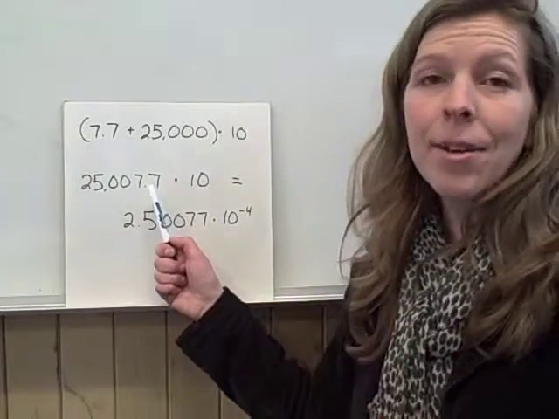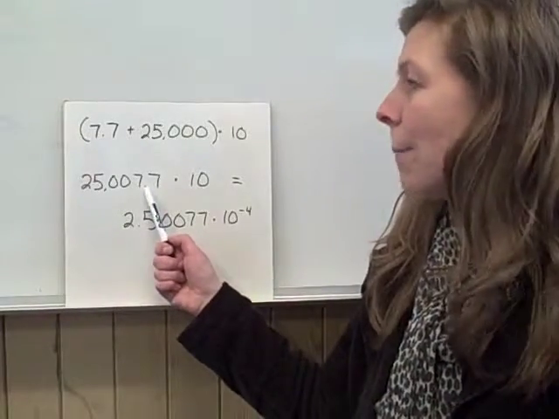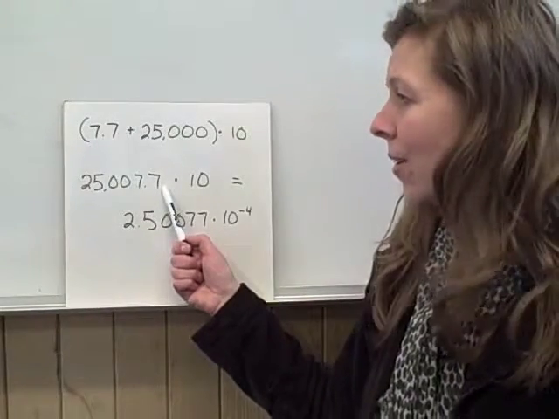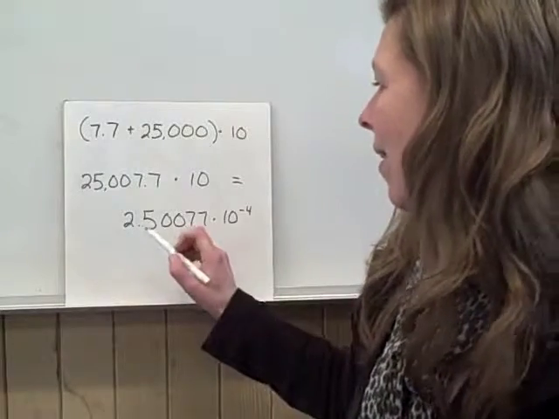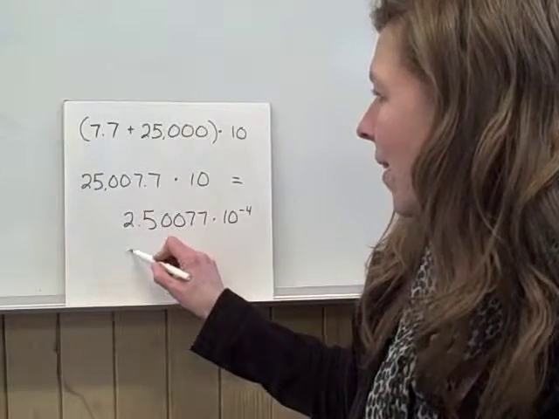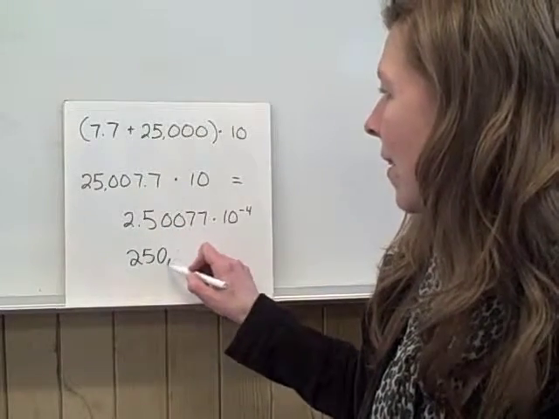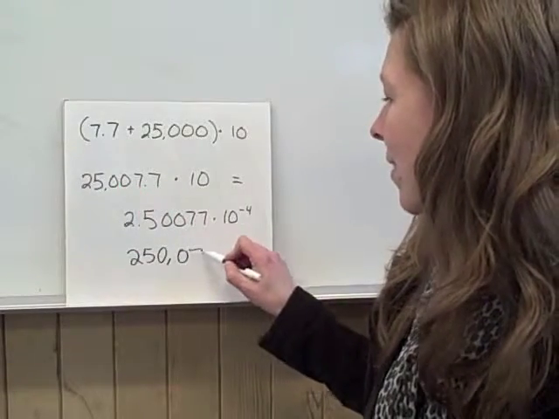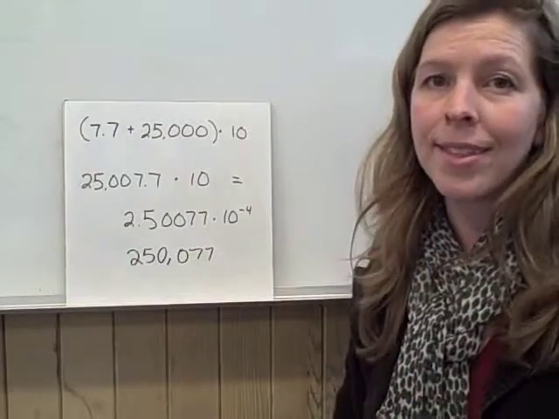Getting rid of the 10 entirely means we're going to multiply this amount by 10, and that moves the decimal point over here. So this ends up becoming, let's see, I'll write it down here, 250,077. And that's removing the 10.